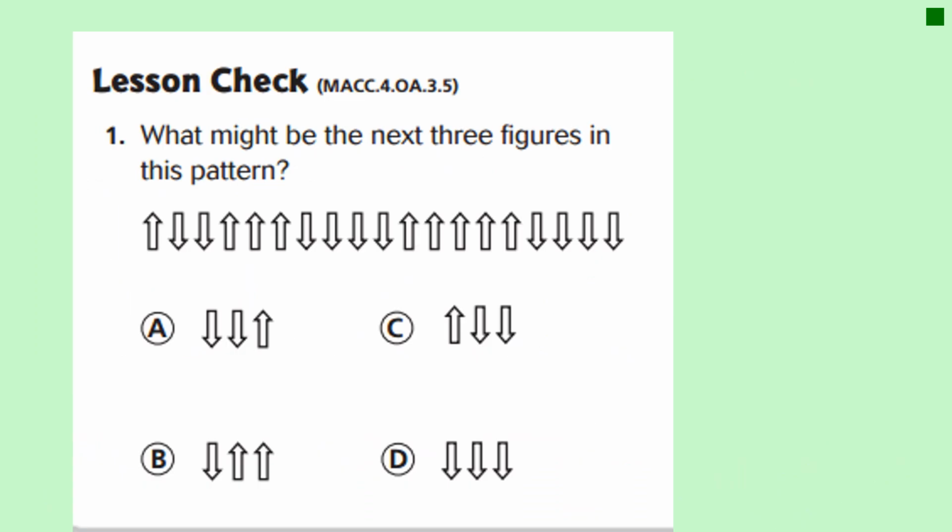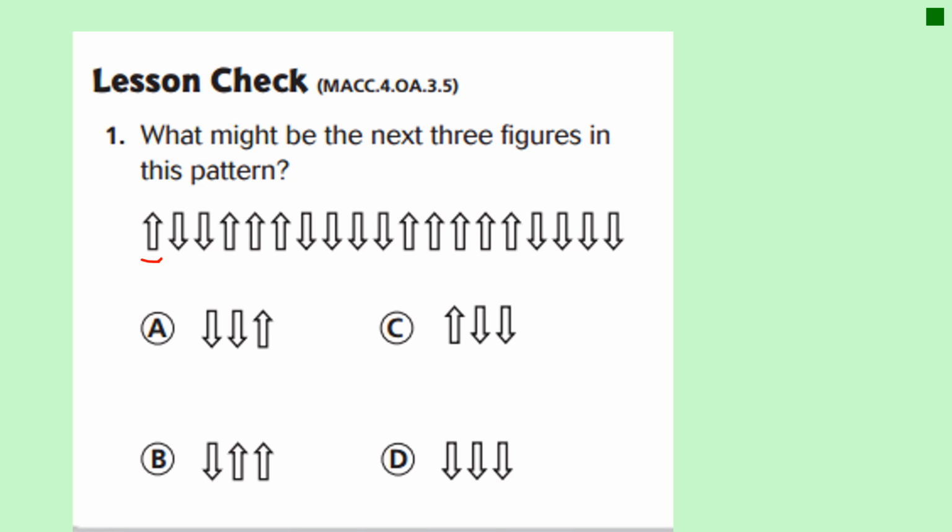On the back of your homework sheet, this is the lesson check number 1. What might be the next 3 figures in this pattern? Okay, so let's look at this pattern. Arrows, arrows everywhere. Some go up, some go down. The first arrow goes up.